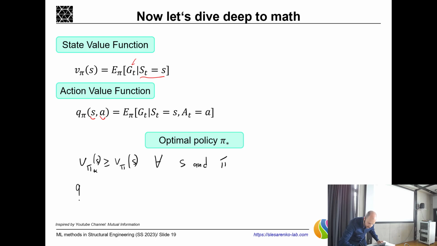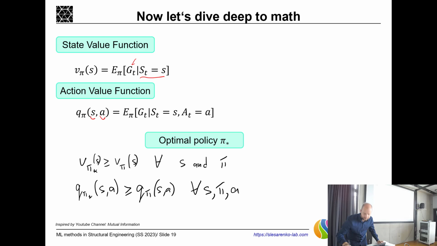Or, another way to say that: what does it mean to have the optimal policy? It means that our state value function for every state, compared to every other policy that you select, will be maximal.